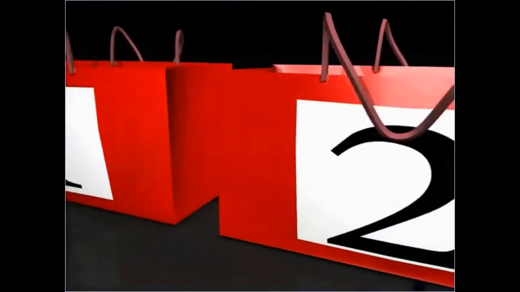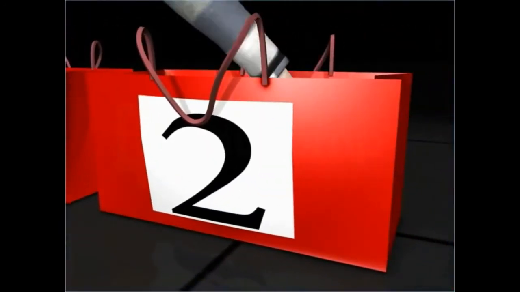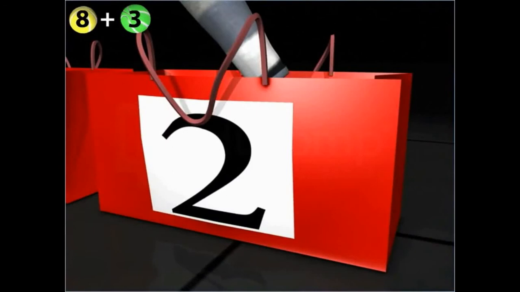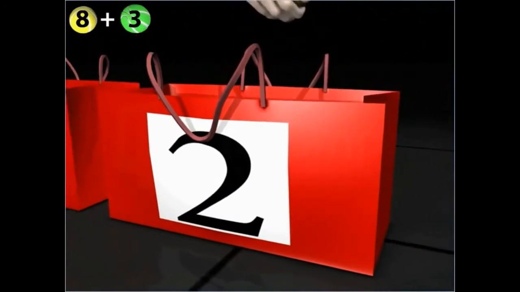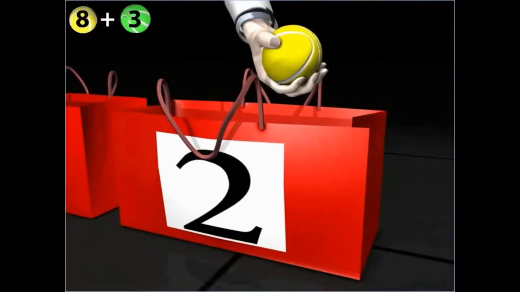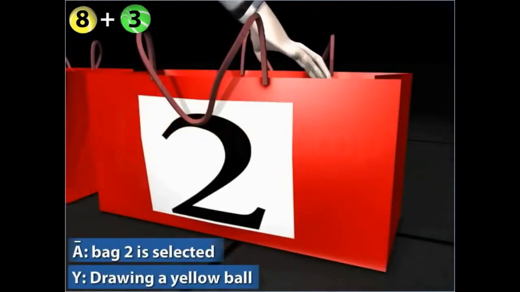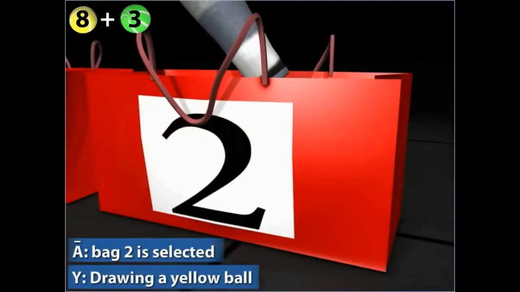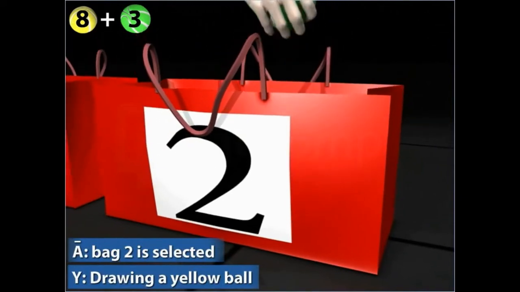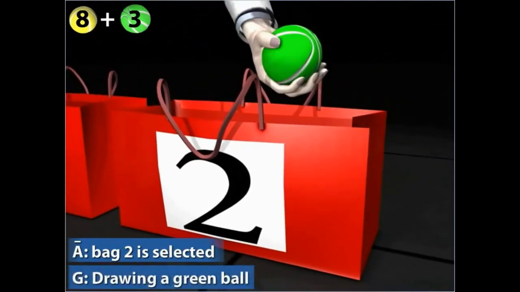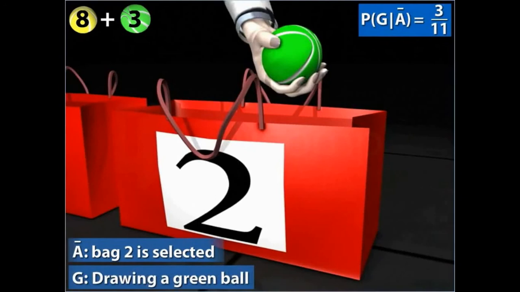In contrast, if bag 2 has been chosen, then the probability that the ball drawn is yellow is equal to 8 upon 11, whereas the probability that the ball drawn is green is equal to 3 upon 11.